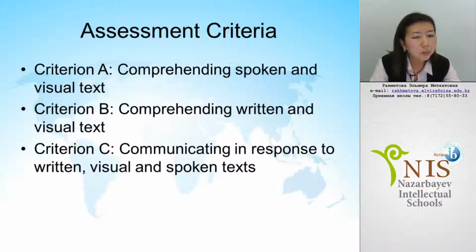Here I should mention that this procedure of our lesson started in our previous lesson. There are 2 articles about animals, especially animals in captivity. They analyzed them, and today they are going to analyze according to criterion A. They are going to investigate those things that are necessary in our unit. And the last one, criterion C, is communicating in response to written, visual and spoken texts.